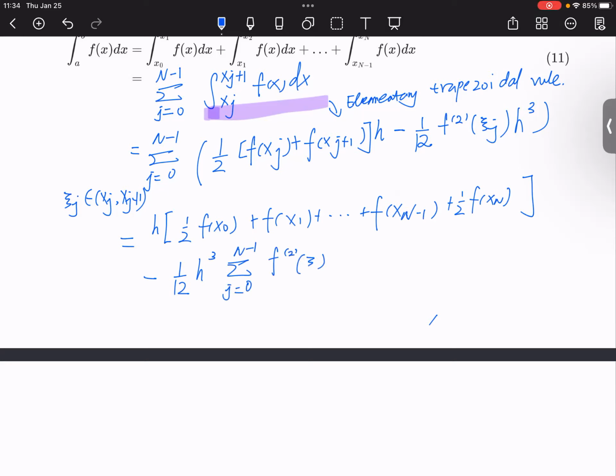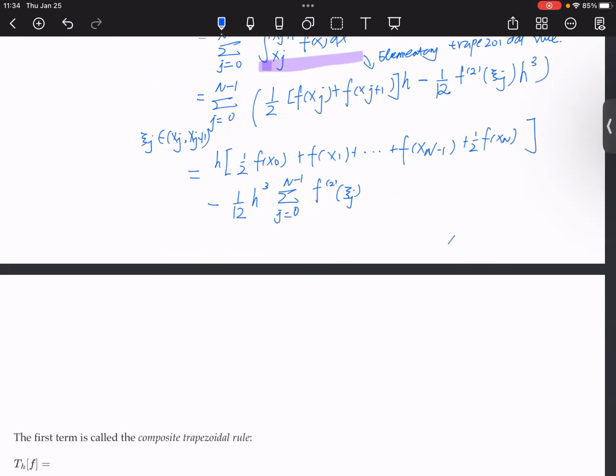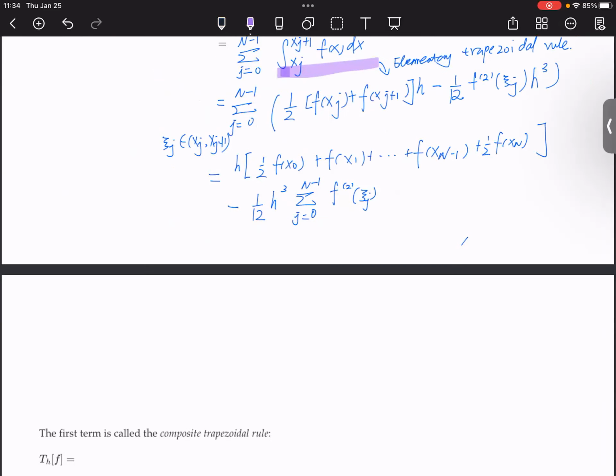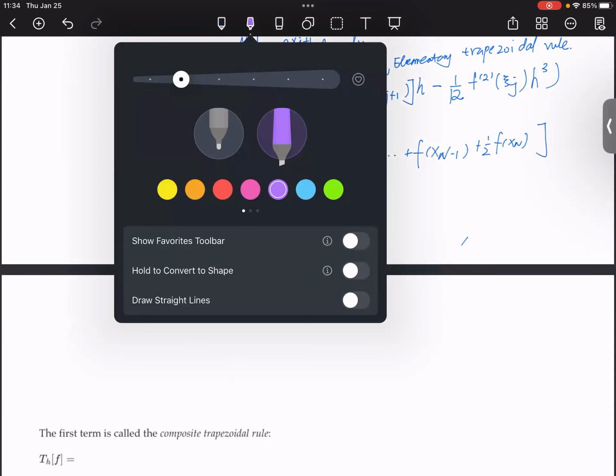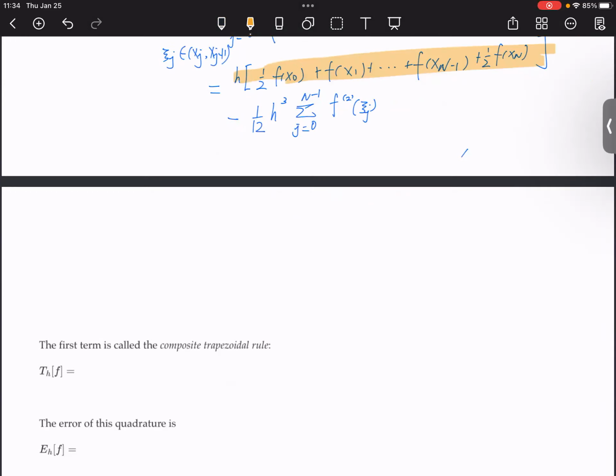And are you satisfied with this result? Here we call this first term the composite trapezoidal rule.